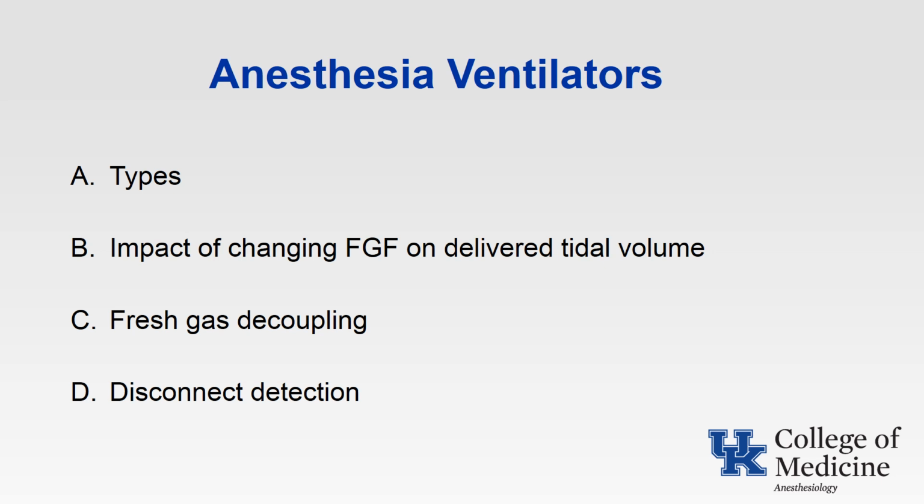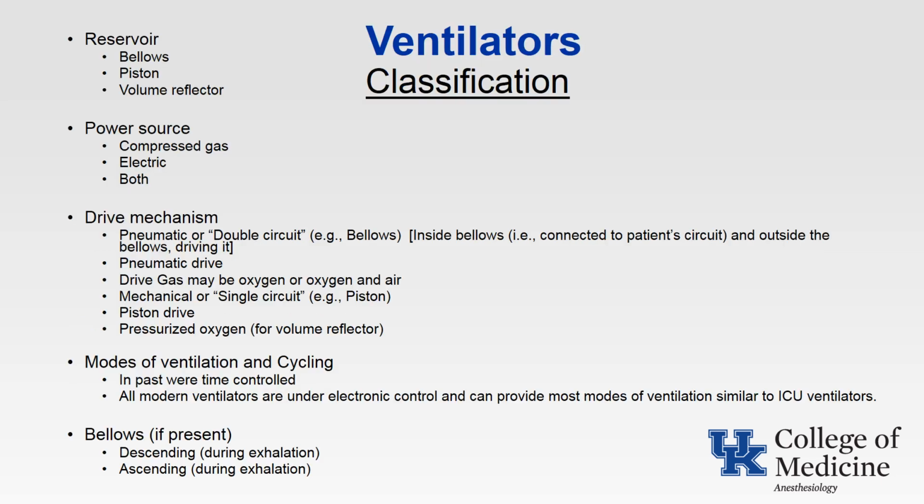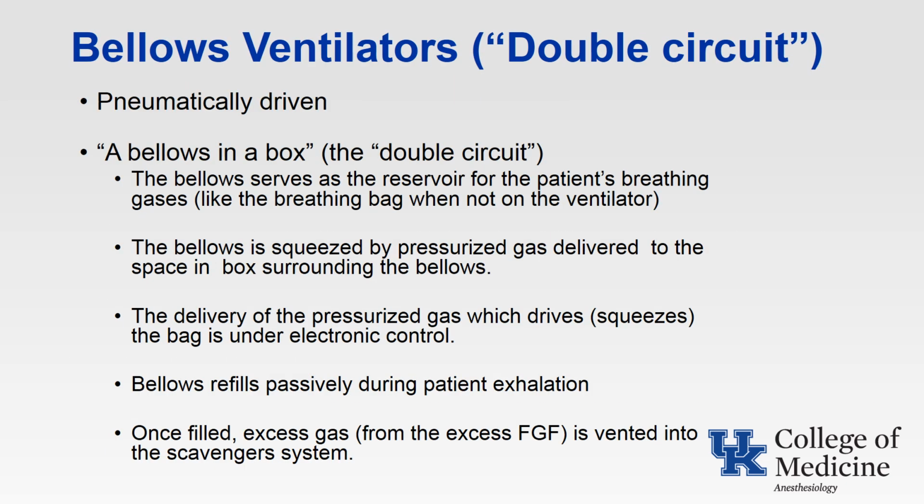Let me next turn to anesthesia ventilators. On this slide, I have summarized classifications: the type of reservoir, the power source, the drive mechanism, the modes of ventilating, and the issue of bellows. Bellows ventilators are sometimes called double circuit. They are pneumatically driven. It has a bellows in a box.